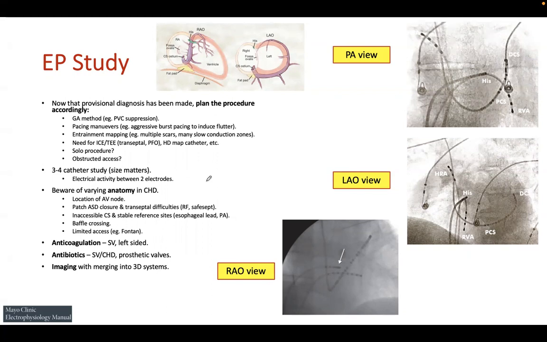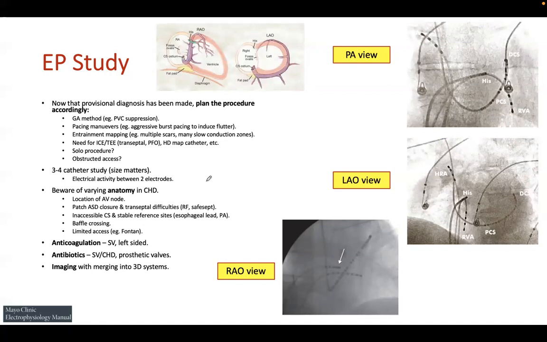So I have to think of the anesthesia, how aggressive I am going to be for that specific patient. Depending on the SVT type, I have to plan ahead how aggressive I am going to be to pace the patient. For example, if it's a flutter case, I would have to pace the atria very fast.